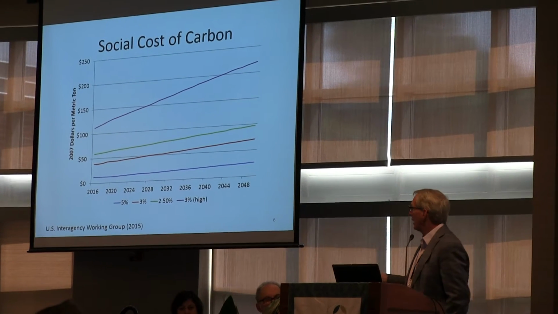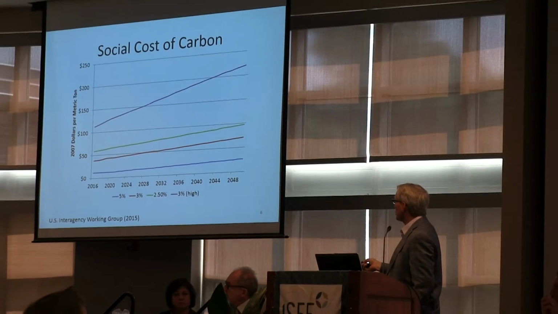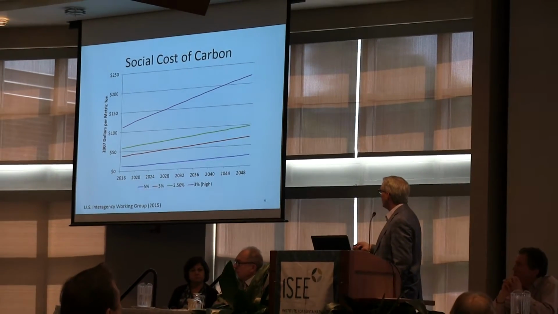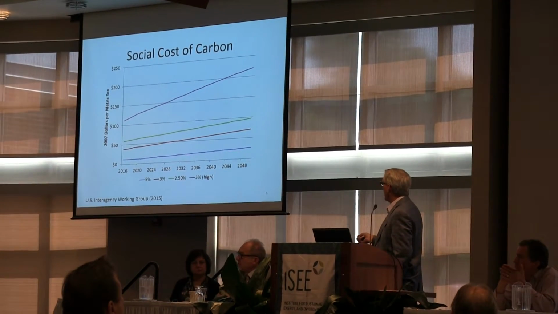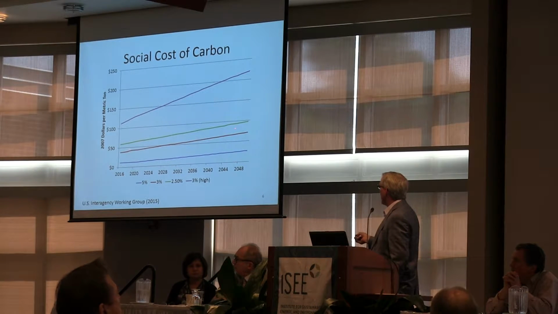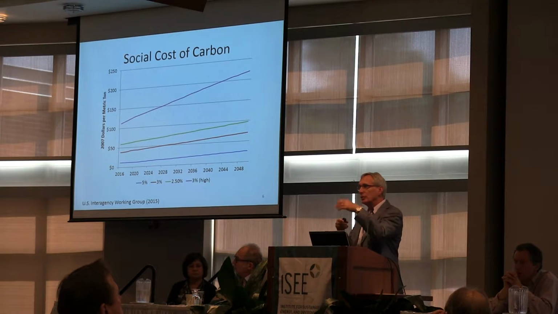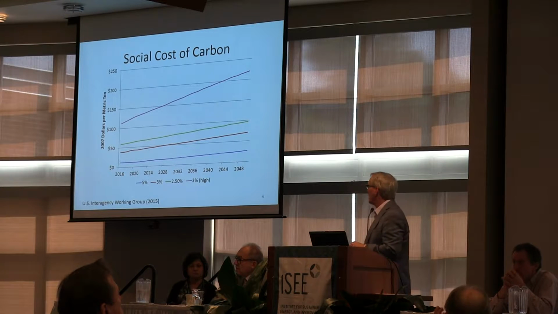And so the 3 lowest lines here are estimates of the social cost of carbon in each year for a 5% discount rate, the lowest line, 3%, and 2.5%. A lower discount rate means you're putting more weight on future damages, so you would get higher damages.